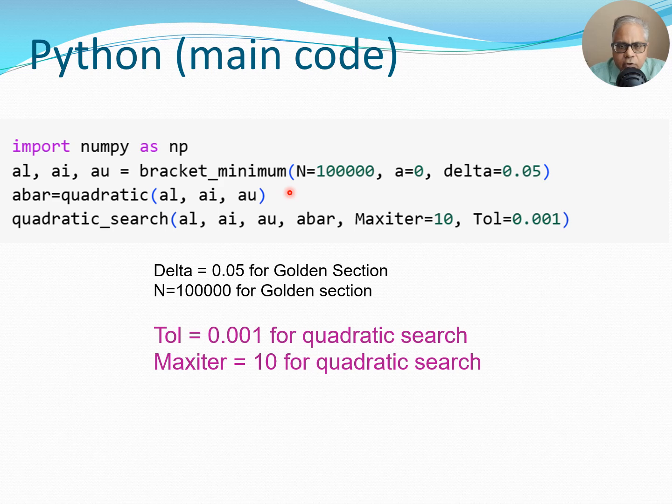This is actually going to use golden section to bracket the minimum to 3 points AL, AI, and AU. Then I'm going to do the quadratic fit, and I'm going to obtain A bar, which is the minimum of the quadratic fit. Then I'm going to do a quadratic search, and this is going to go through many times. In this case, I have given 10 times here, and it's going to continue this process till the value of I becomes less than this tolerance 0.001. So that's the way this method is going to work.